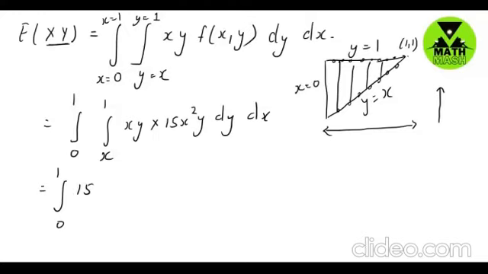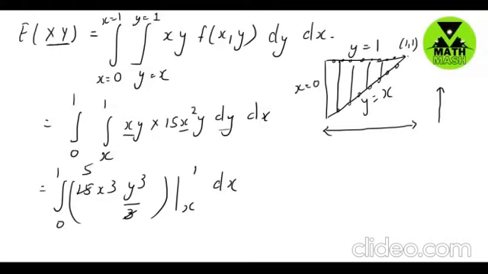This is 15x³, that is x² times x, and y times y is y². The integration of y² with respect to y is y³/3, then take the limits x to 1 and integrate with respect to x. So this is 5x³y³. Substitute y equals 1 and then y equals x. So this is the integral from 0 to 1 of 5x³ minus 5x⁶, and then integrate with respect to x.